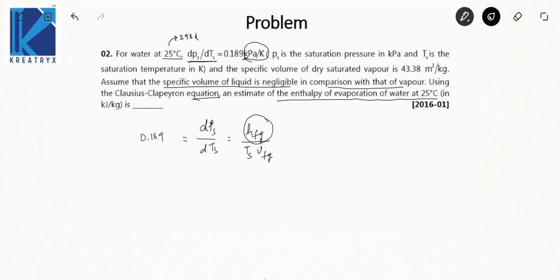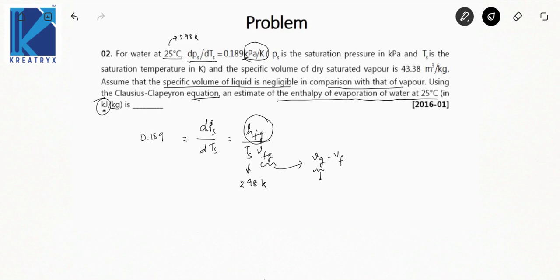If I don't change kilopascal per Kelvin into Pascal per Kelvin, I will get hfg in kilojoule per kg, and I need the answer in kilojoule per kg, so let it go this way: 0.189 kilopascal per Kelvin. Now Ts is 298 Kelvin. vfg is vg minus vf.